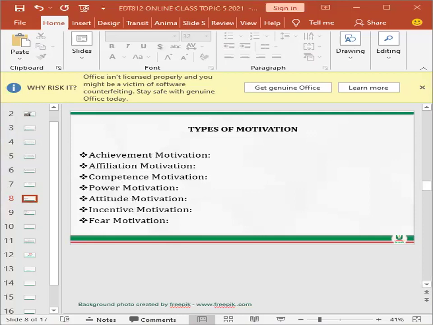So also we have attitude motivation. This is how people think and feel. It is how they feel about the future and how they react to the past, as well as incentive motivation.